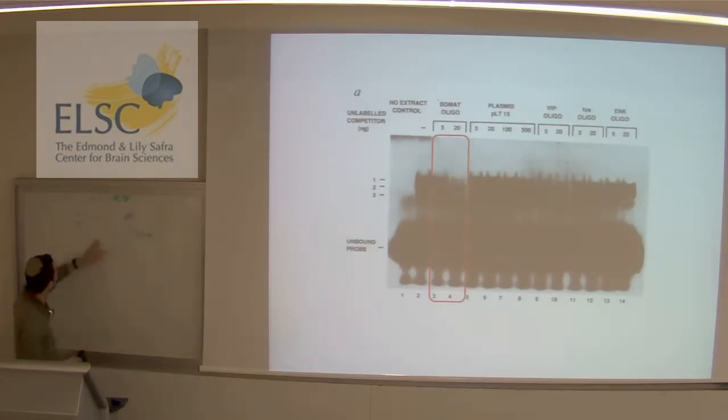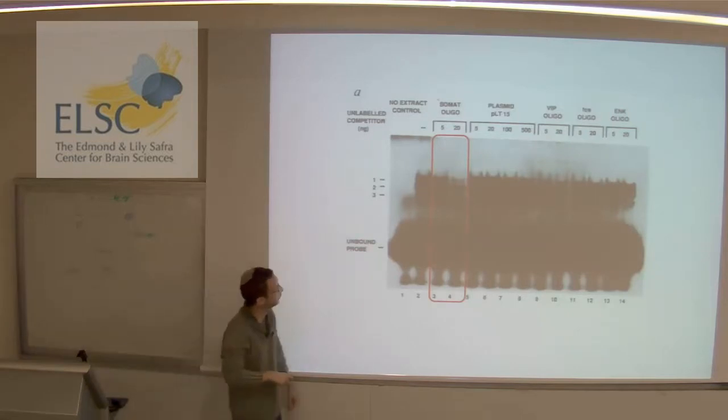And thereby it binds less to this molecule, the CRE, and more of the unbound CRE molecule would exist in this test tube and would be found.